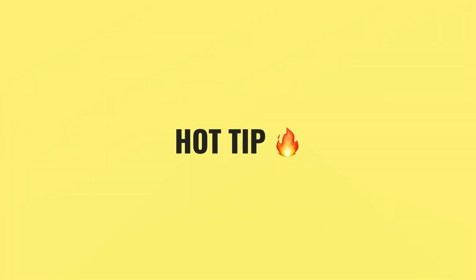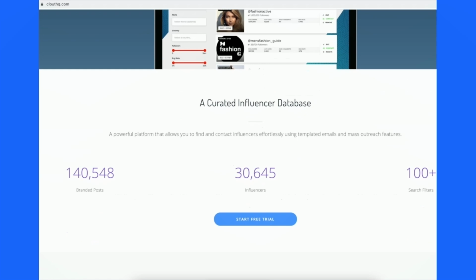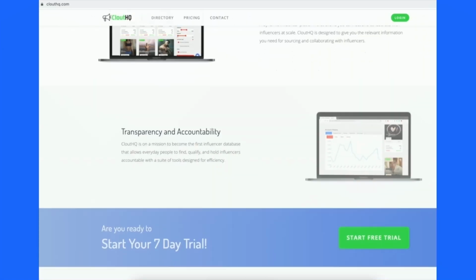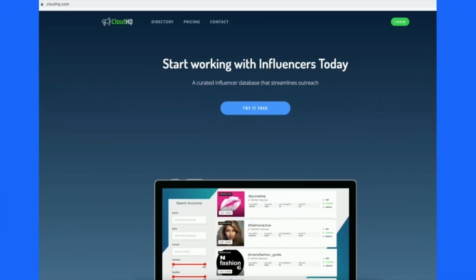The Toolbox Tip. I found a website that can give you access to influencers. Since we're talking about ads, cloutboxhq.com. CloudHQ is designed to give you relevant information you need for sourcing and collaborating with influencers.